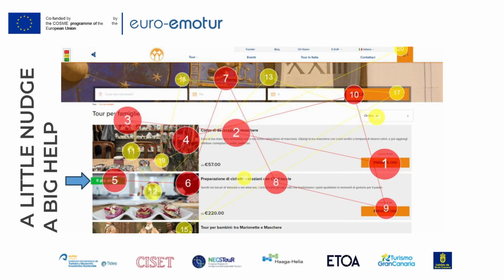Another solution comes from neuromarketing itself, and it's called a nudge. A nudge is a push in the right direction for your user. In this case, for example, we see the same website we just saw. The nudge is provided through a label which says this is the most loved tour.